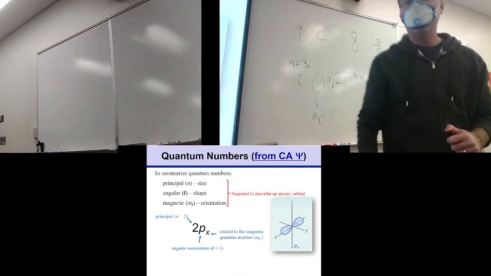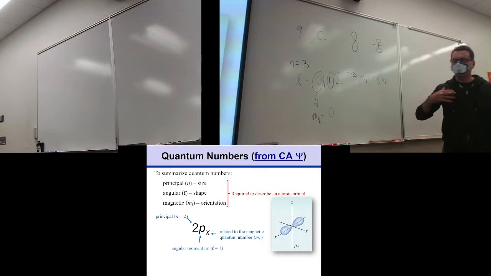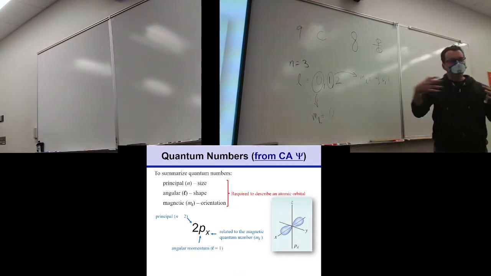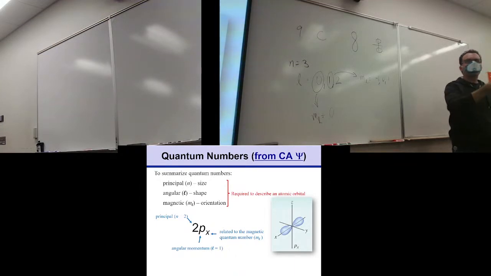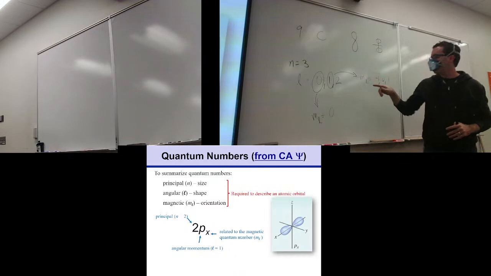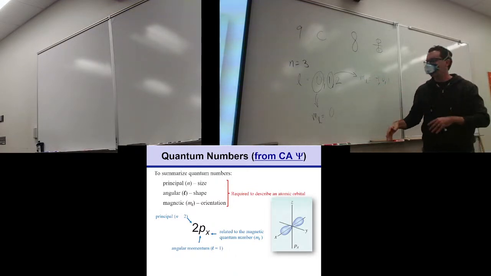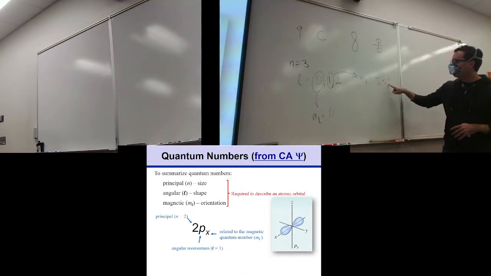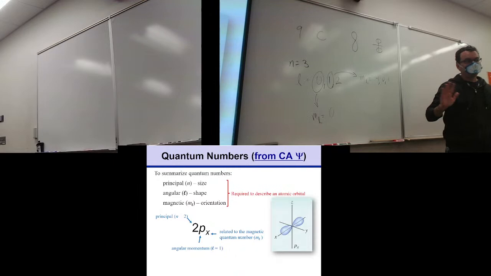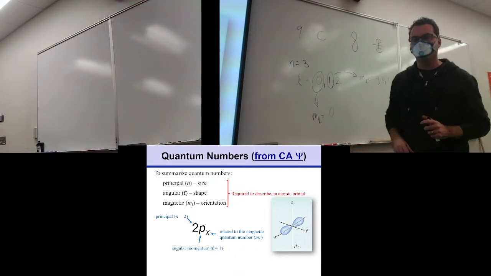And then finally, the x, which is the direction it's pointed in, the orientation. We're not going to have a way to define which M sub L number x corresponds to. But x tells you that it's one of these 3. There's going to be px, py, pz in this case, and they're going to correspond to one of these M sub L numbers. We don't know which one is which, but it corresponds to one of them.